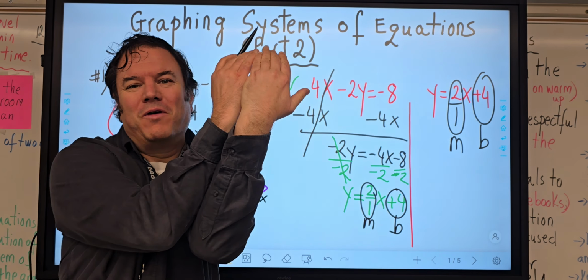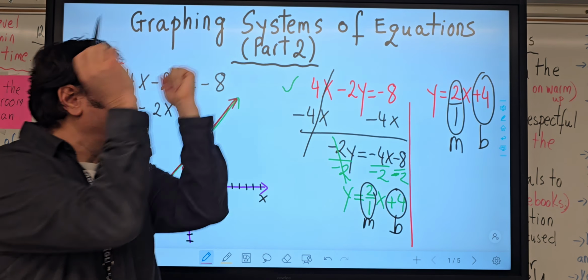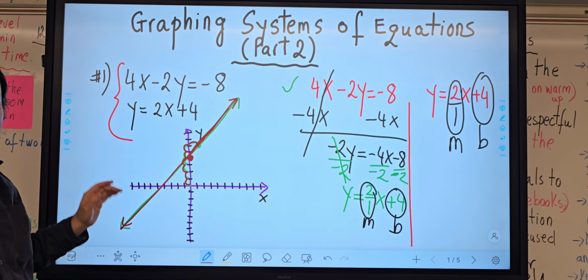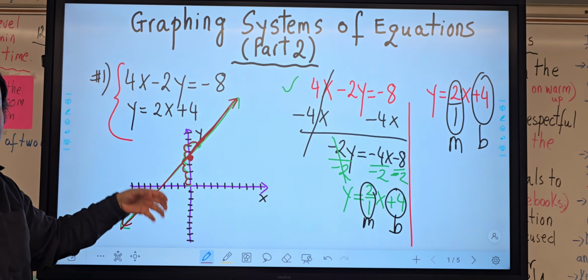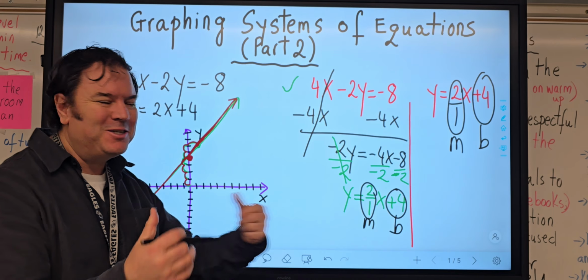Lines overlap, just like that. It means that any point that we get on both of these lines is going to be a solution for both equations. So the answer is infinitely many solutions. So if both lines overlap when we graph the equations, our answer is infinitely many solutions.